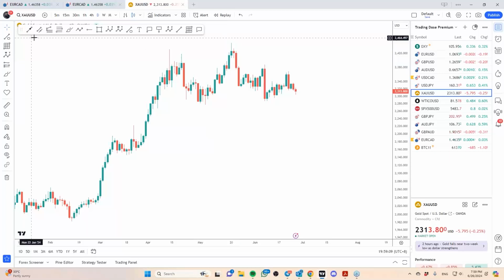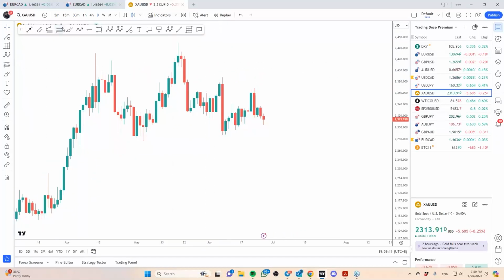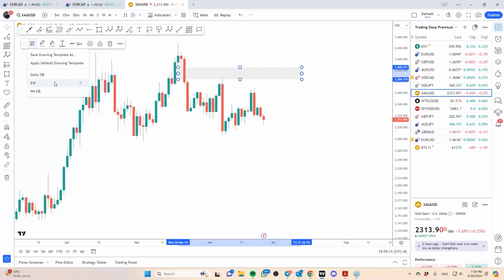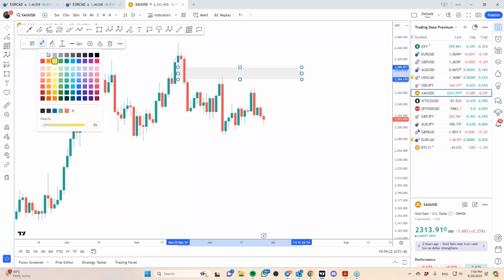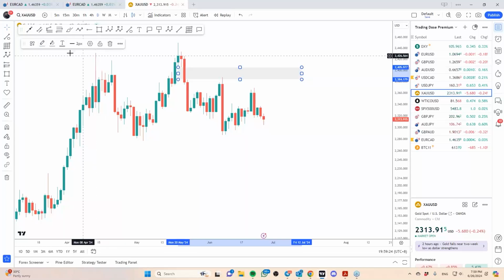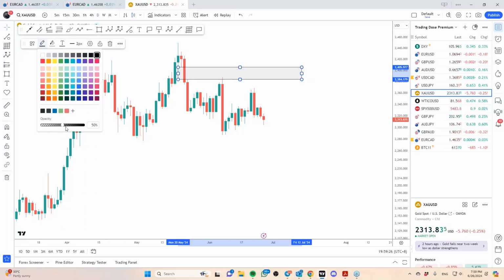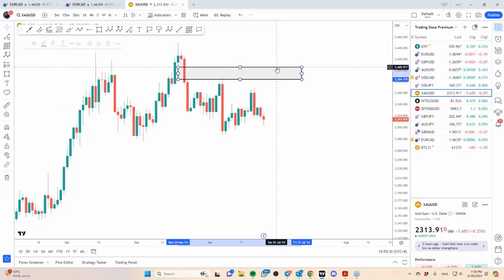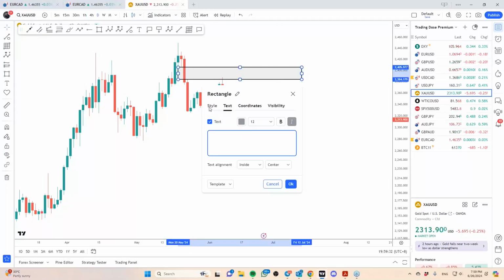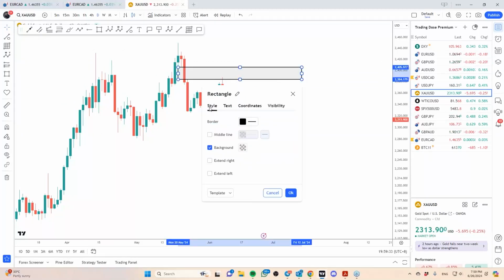Gold, right? In this case you can see this is your fair value gap. Sorry, I haven't really changed that. Let me just do this now.